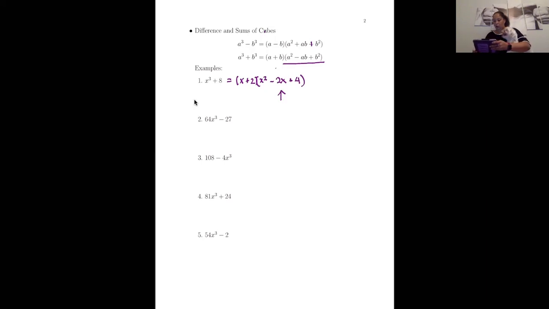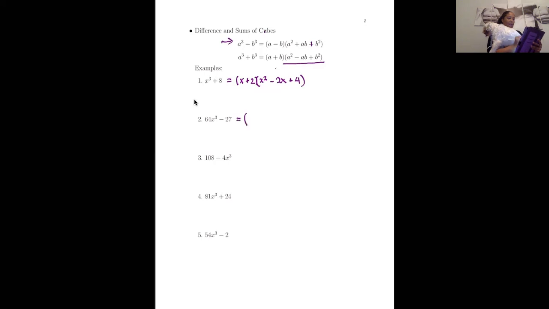All right, so let's go ahead and take a look at our next example. I have a 64x cubed minus 27. Okay, so my cube root of 64 is 4, and my cube root of 27 is 3. So we're going to use this top one because it's a difference.